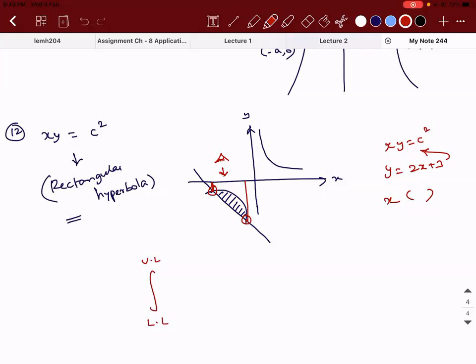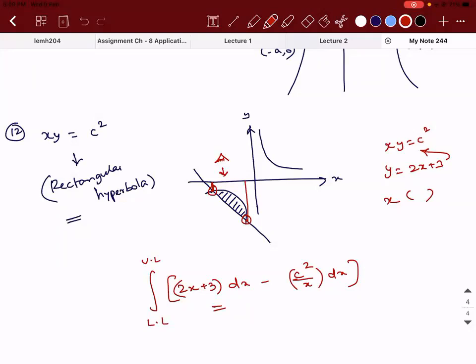Is the line above or the curve above? When you turn the book and see from this side, the line is above, sir. When the line is above, it is upper curve minus lower curve. So that upper curve need not always be a curve. It can be a line also.